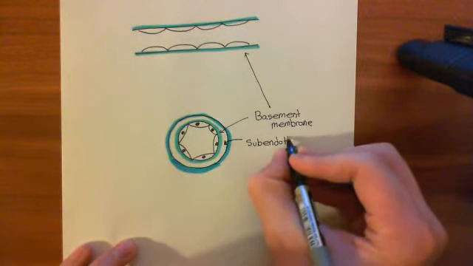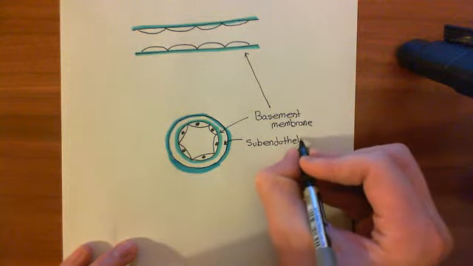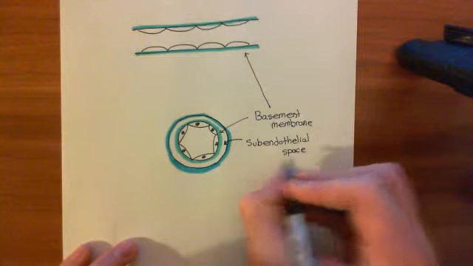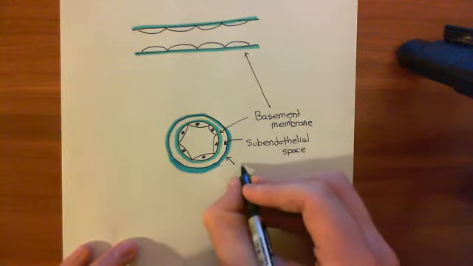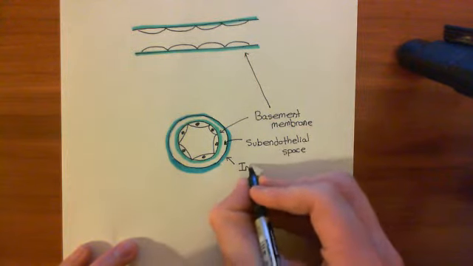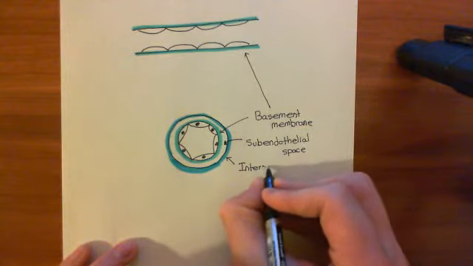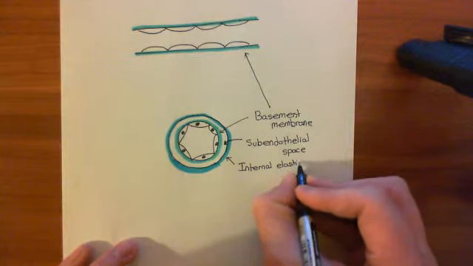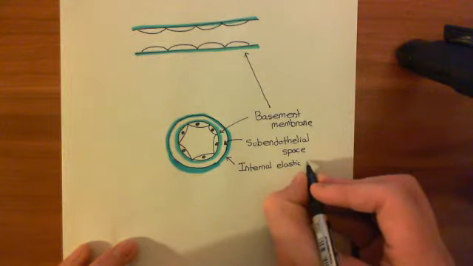And again, it's mainly collagen that you have in the subendothelial space. And then surrounding the subendothelial space, you then have here the internal elastic lamina, which is a sheath made up of mainly elastin fibers.